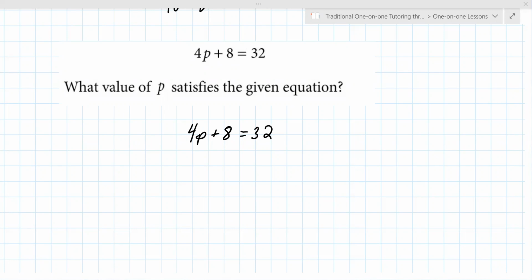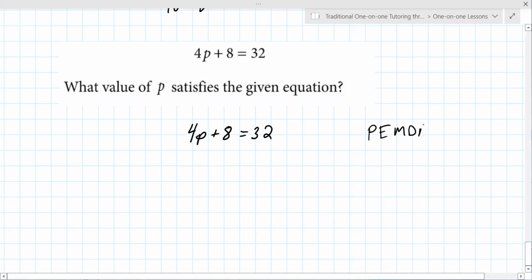Okay, let's continue. So you're solving, but you're using order of operations backwards now when you're solving. So you undo addition and subtraction first, then multiplication and division second.